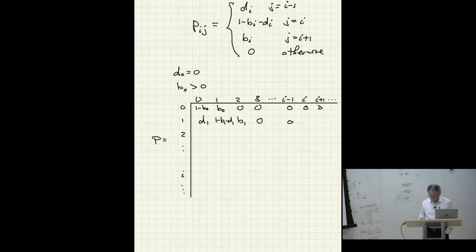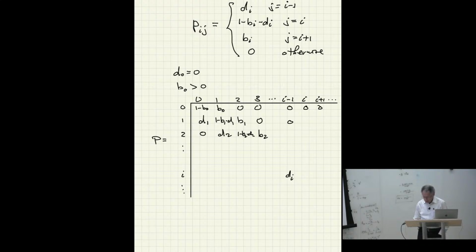Let's do 2 now. Can you go from 2 to 0? 2 people? No, you can't, because at most 1 death. So that's 0. Can you go from 2 to 1? Sure. What is the value? Exactly. d_2. And from 2 to 3 would be b_2, and 2 to 2, neither a birth nor a death, etc. If you go to row i, you'll find at i minus 1, you need a death at rate d_i to go from i to i minus 1.